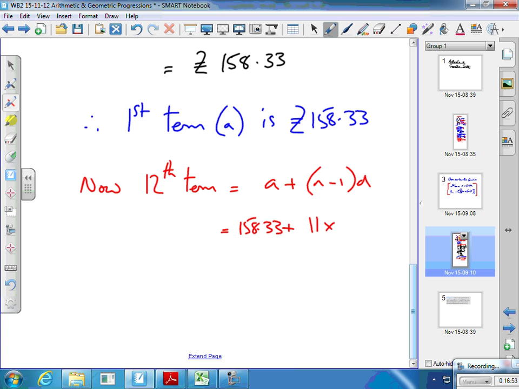What was it? £25, yeah. And then whatever that is. 508.33? What is it? 433.33.